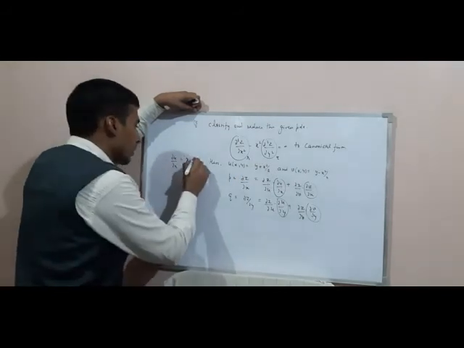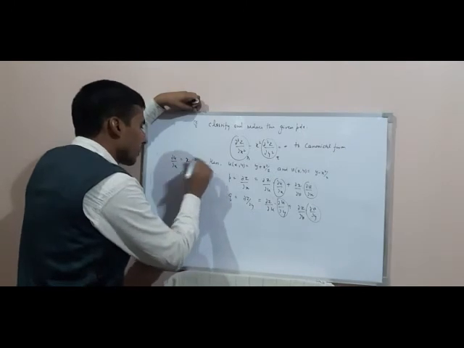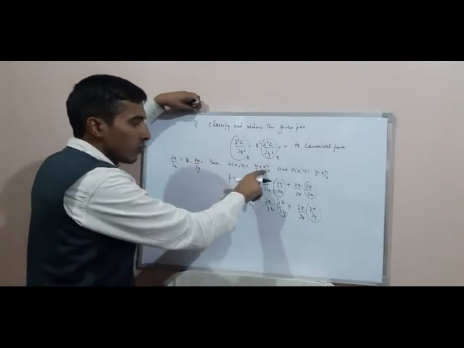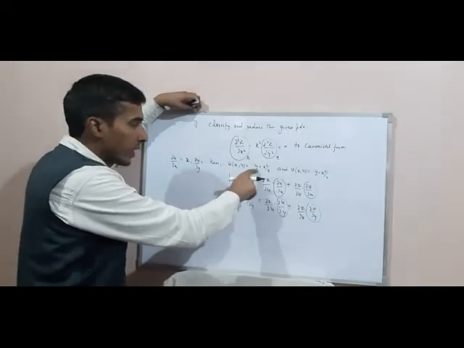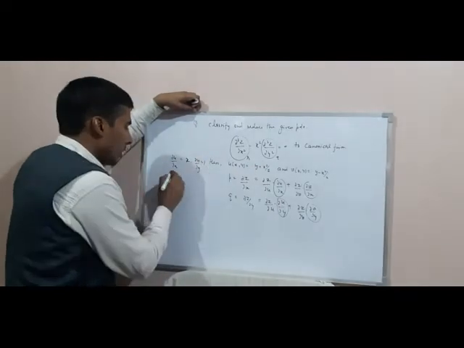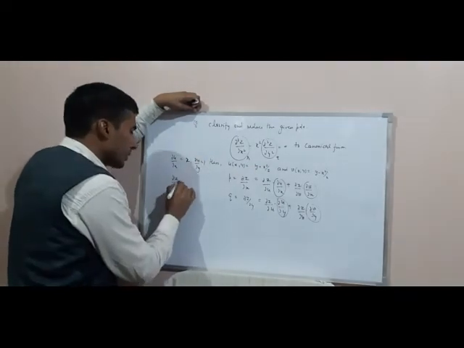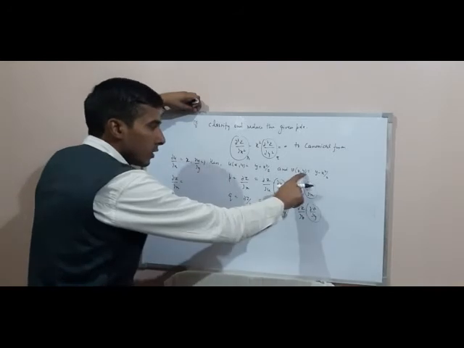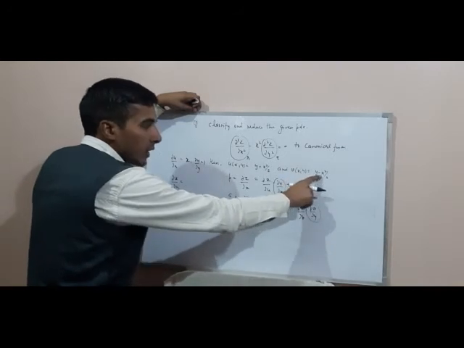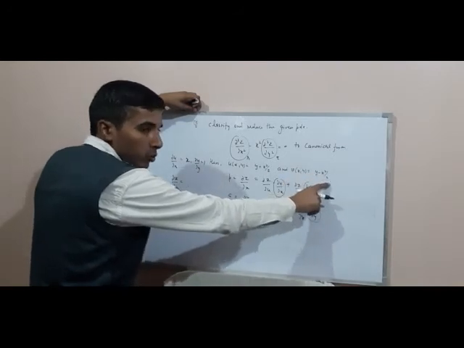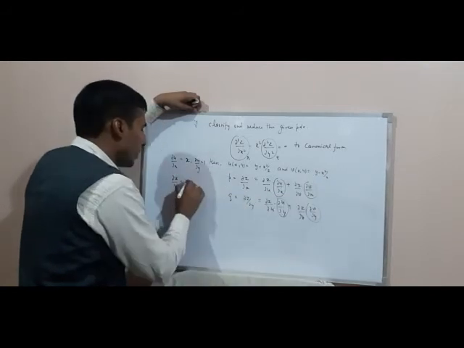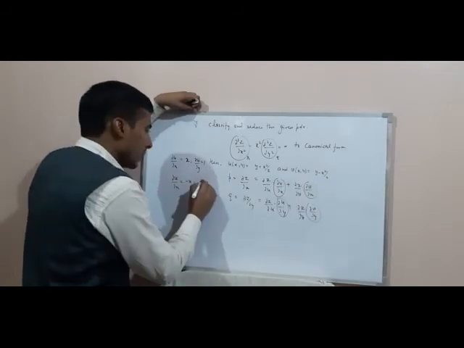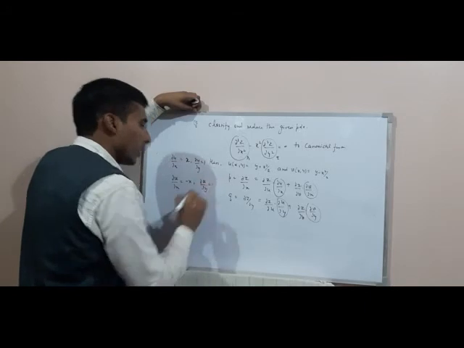And ∂u/∂y: when we differentiate u with respect to y, this term goes to 0 and it will be 1. Now again ∂v/∂x: when we differentiate it with respect to x, we get minus 2x by 2, and the 2 cancels, so it will be minus x. And ∂v/∂y is again 1.